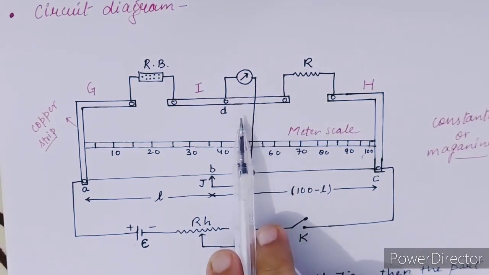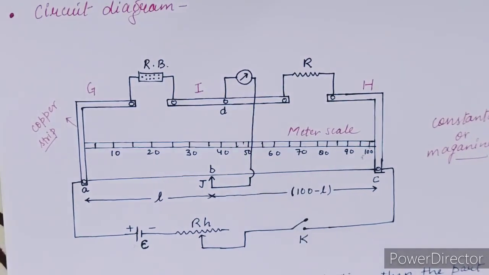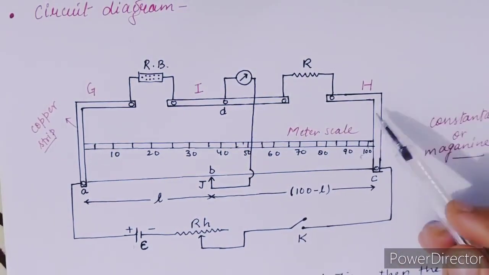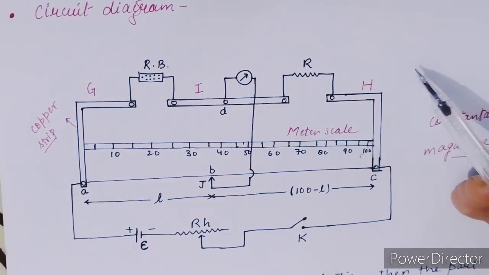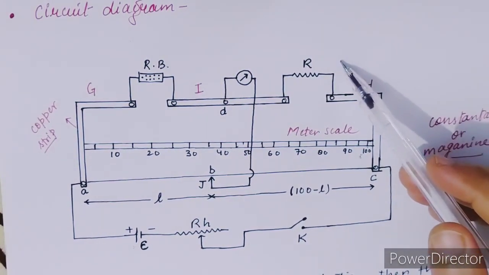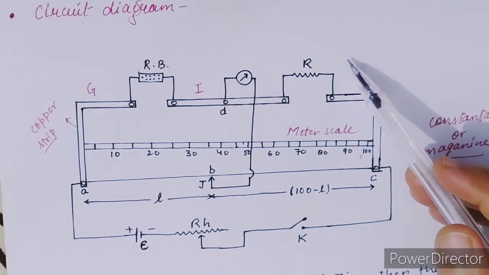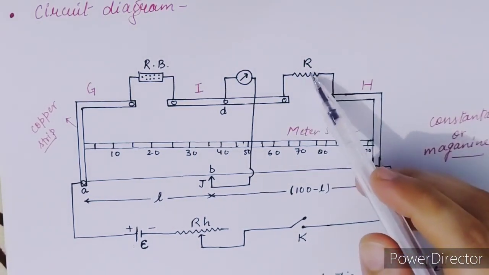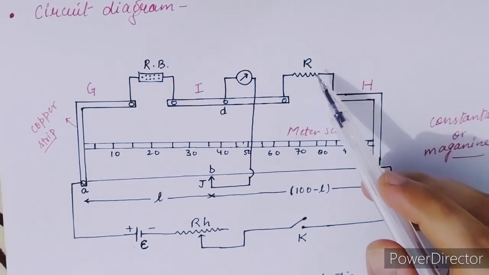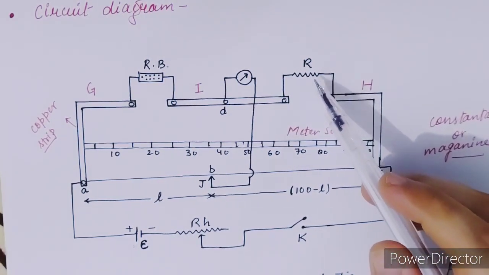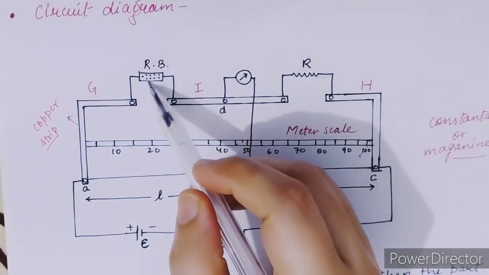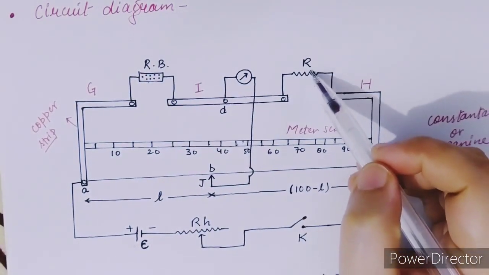Now the unknown resistance S is connected across I and H. Here one resistance has been connected, this one. This is your unknown resistance. So this is the resistance box and this is your unknown resistance.